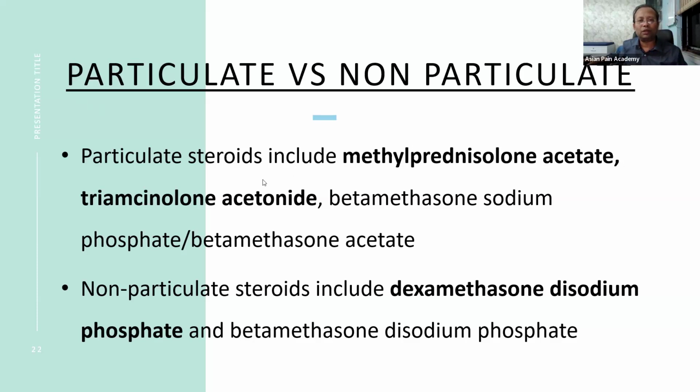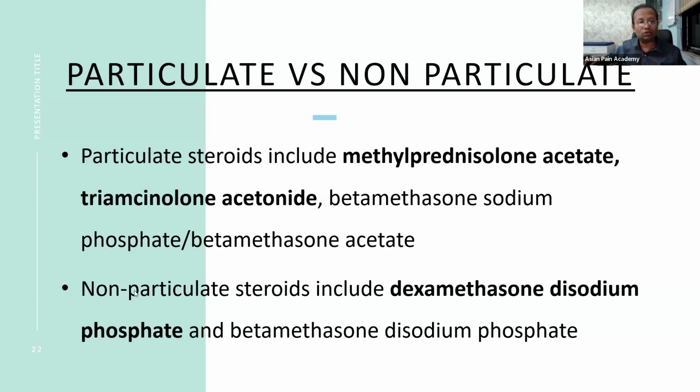But after the complications, it is now recommended that you don't use these particulate steroids in cervical areas or more vascular areas. You can still use them in the lumbar areas, but not in the cervical areas. So what will you use in the cervical areas?